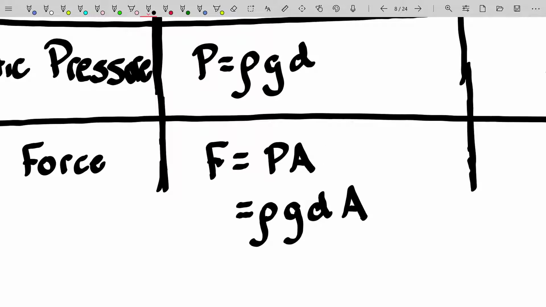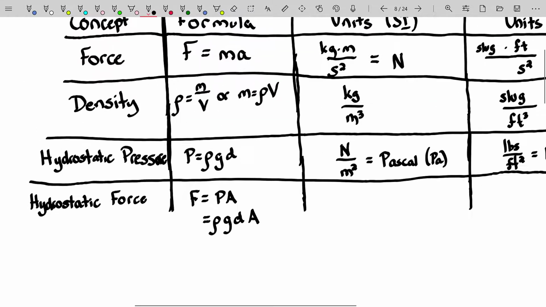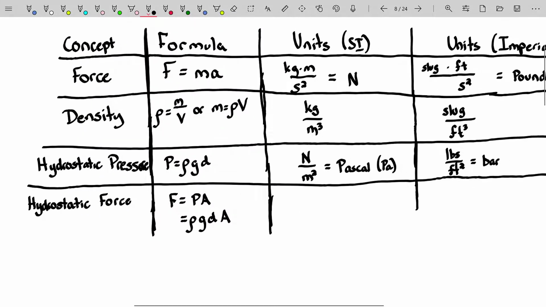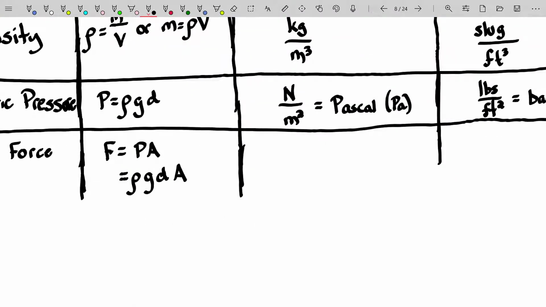Now, if you think about the units here, the units of hydrostatic force are going to be the Newton, first of all, because that's just the unit of force in the metric system, and they're going to be pounds in the imperial system because, again, that's the unit of force, so that should work out. Remember, density in the metric system is kilograms per cubic meter.